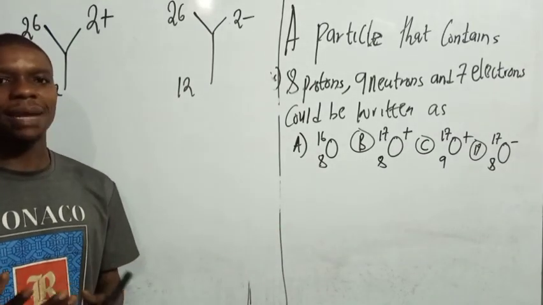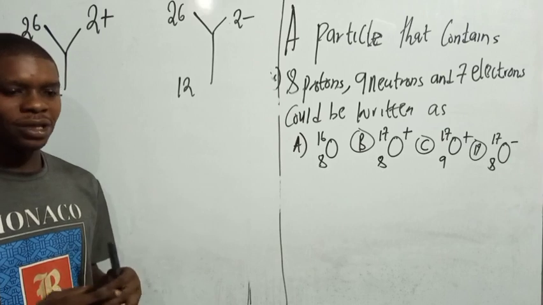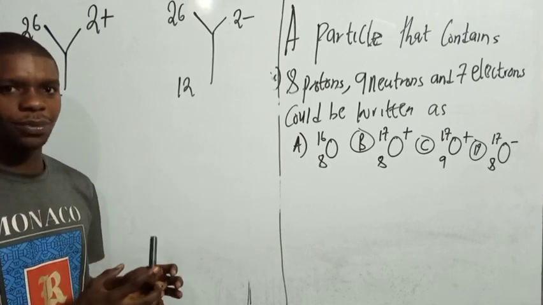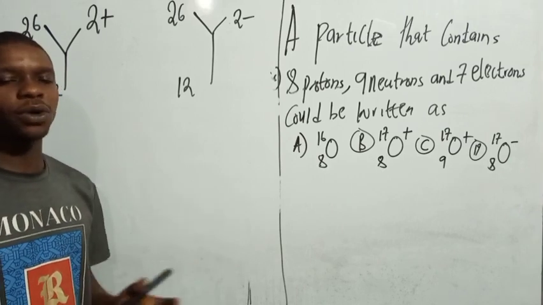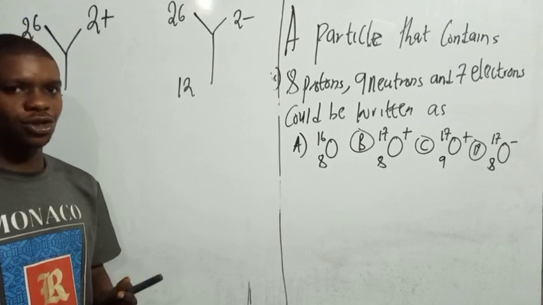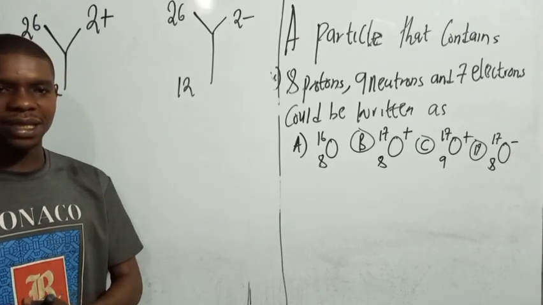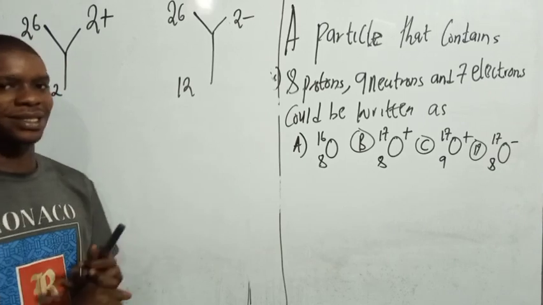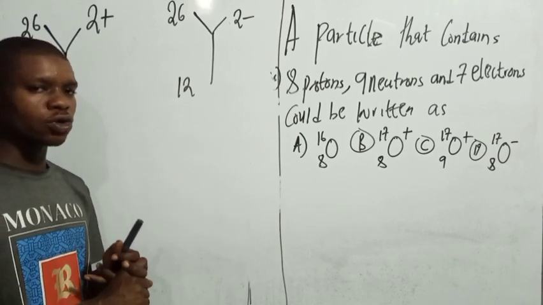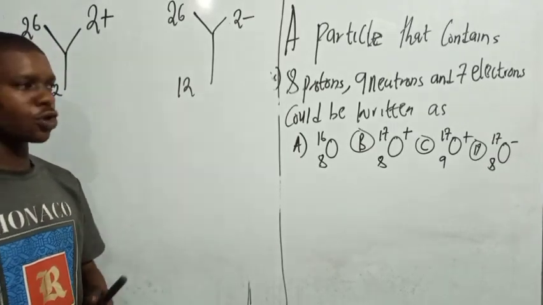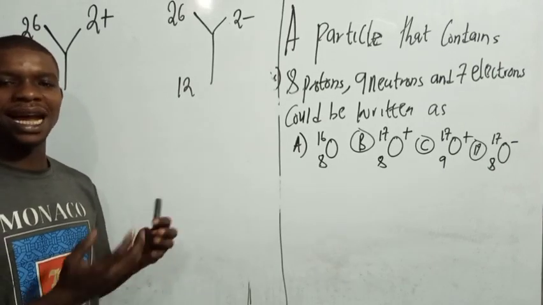Elements that lose or give out electrons in the periodic table are metals. Examples are sodium, potassium, calcium, copper, zinc, chromium, and the rest. Another example is aluminium.